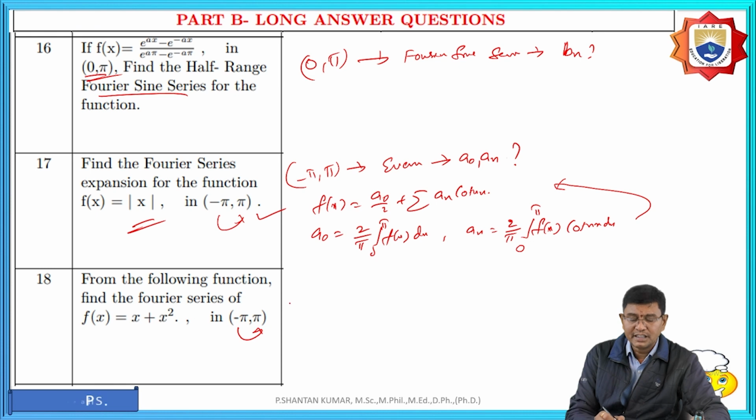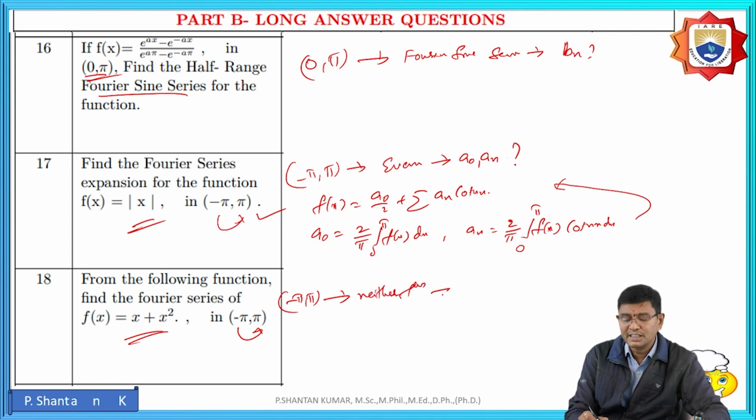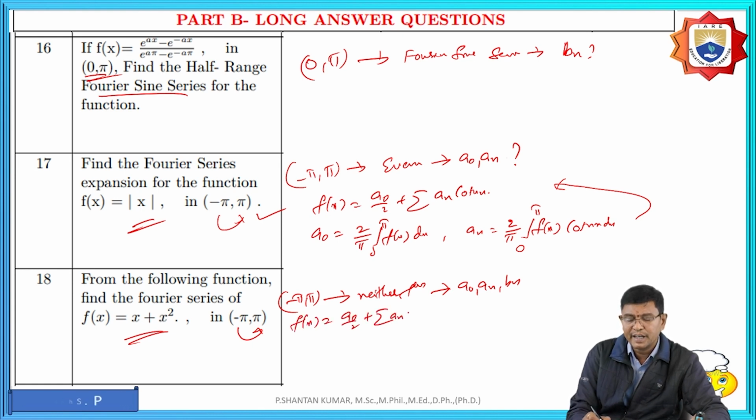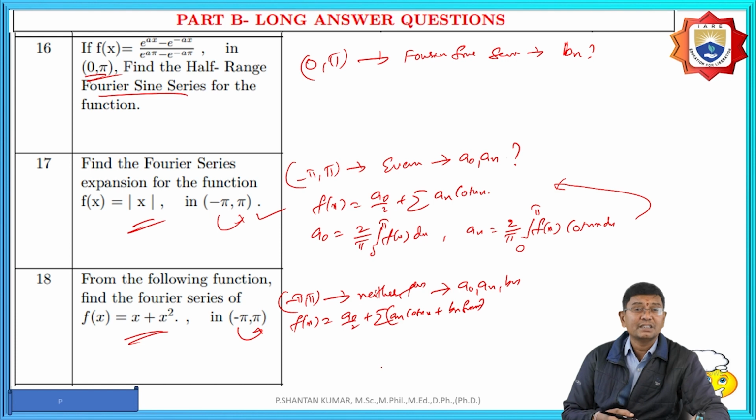And here it is minus pi to pi. That means the function is clearly a neither function. And for a neither function, calculate a0, an and bn. Here the required series is f of x is equal to a0 by 2 plus summation an cos nx plus bn sin nx. This is the required series.